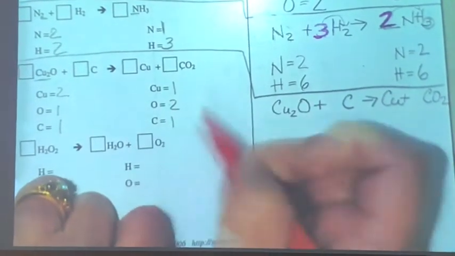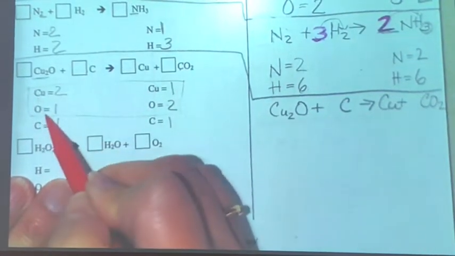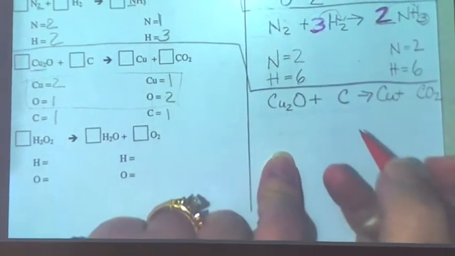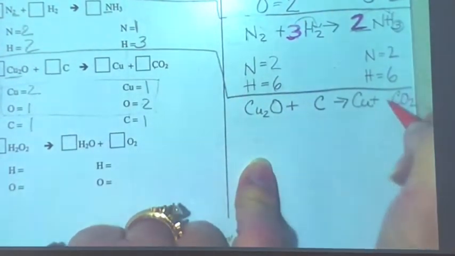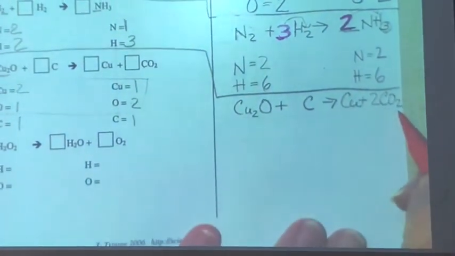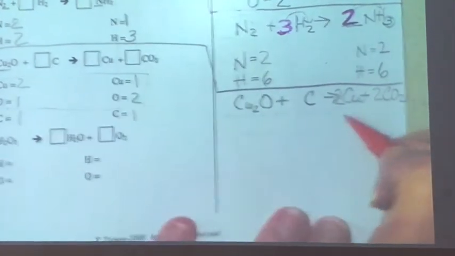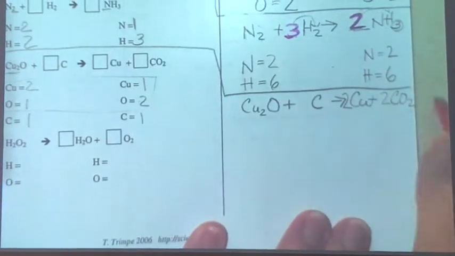All right? So right away I look at this and I say, okay, Cu and oxygens, I know that I need 2. So where can I put a 2 to help me even that out? I can put it over here in front of the CO2, right? And then also a 2 in front of the Cu right here. And I'll trace that over in red in just a minute once we finalize everything.